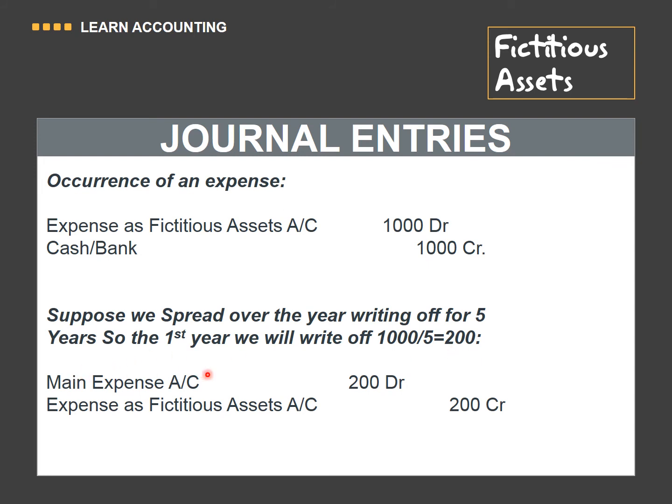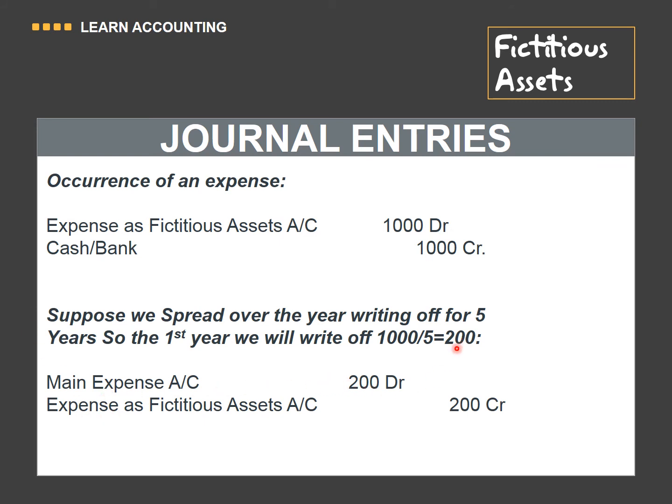So the main expense account, if we have made advertisement as an expense, or marketing as an expense, or the preliminary business expense, that expense account will be debited in the profit and loss account. This asset goes directly to the balance sheet, okay, and the main expense account goes to the profit and loss account.